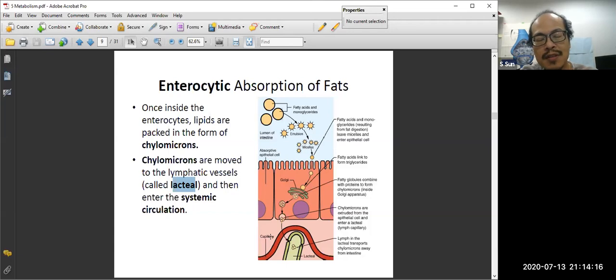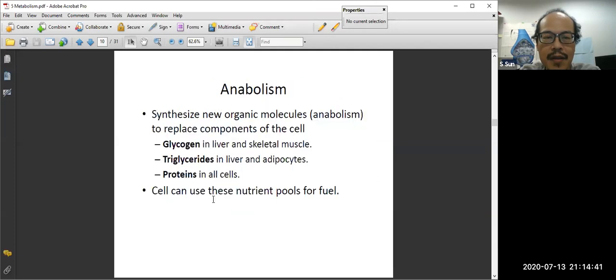Two other points: proteins and carbohydrates are absorbed directly into the blood. Lipid first enters into the lymphatic vessel. This lymphatic vessel is called lacteal. And the lipid in the lacteal is called chylomicrons. All right, so that is absorption.